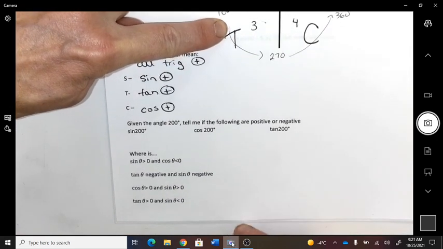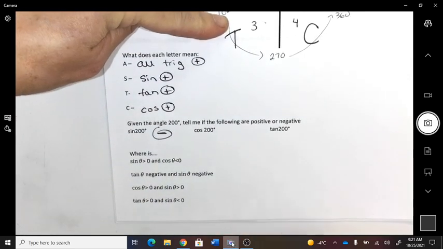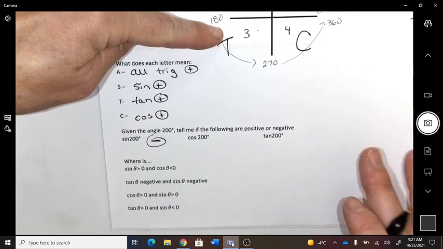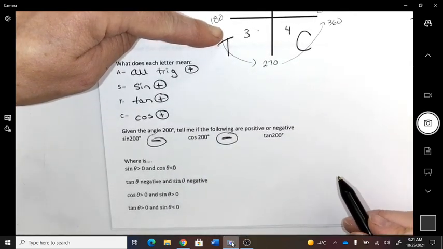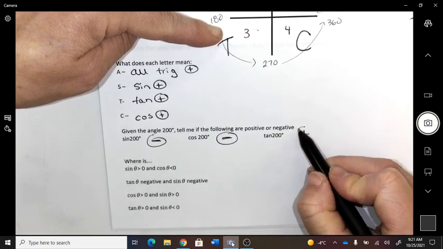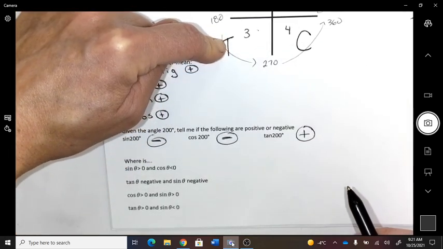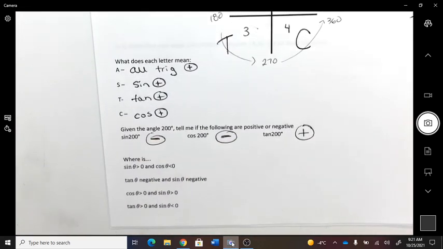Positive or negative? Negative. What's the cos of 200? Negative. What's the tan of 200? Positive. Because it was in the T quadrant, the tan is positive, but those are negative.